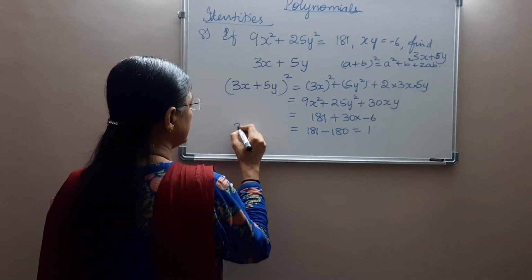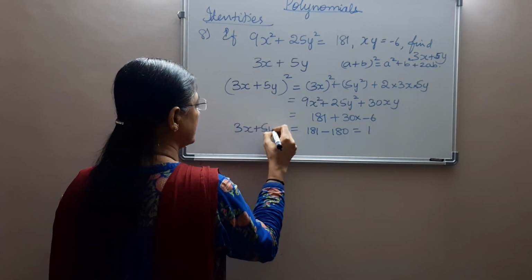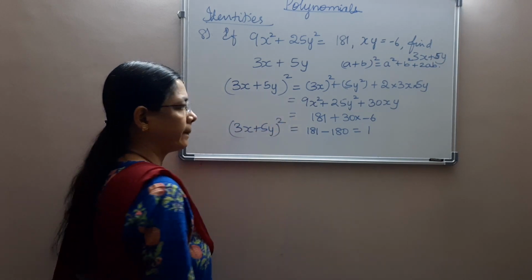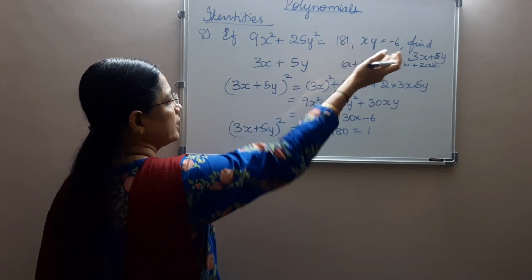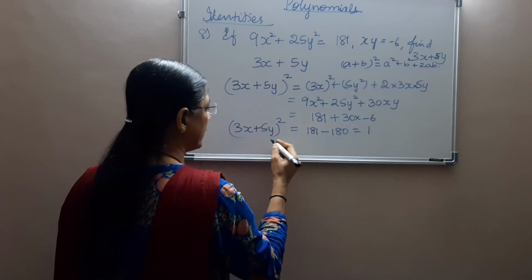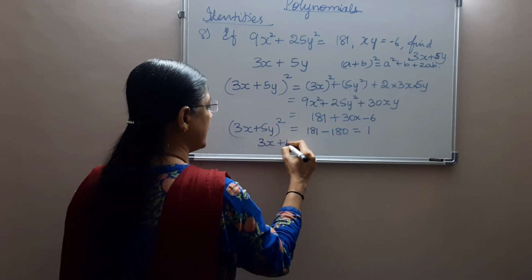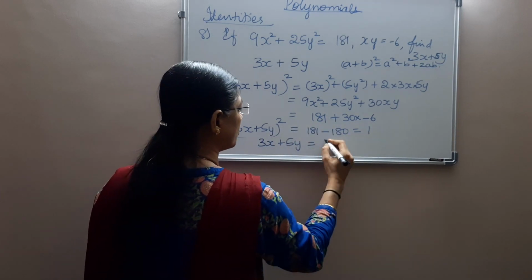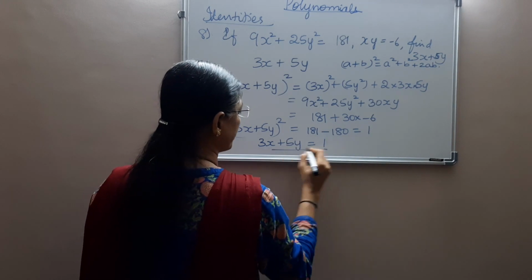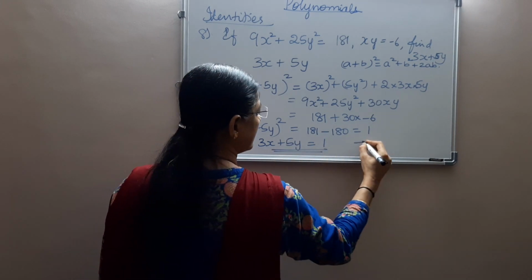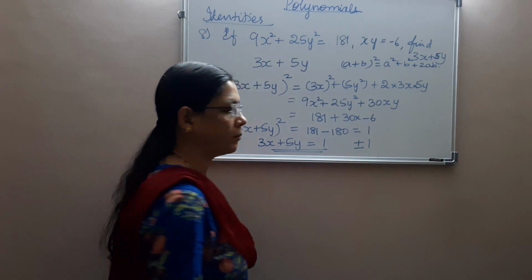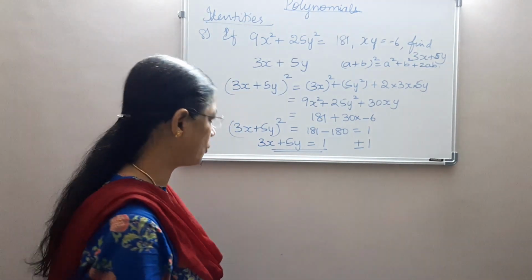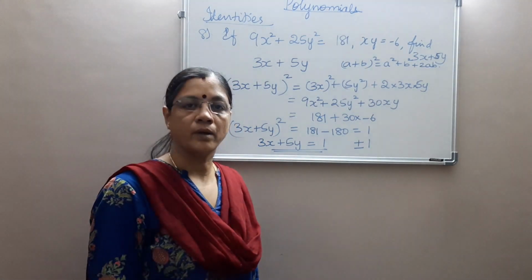So now this is 3x plus 5y the whole square, isn't it? Now what is 3x plus 5y? That is what is asked for you. So take square root on both sides. We have 3x plus 5y is equal to root 1 is plus 1. I can write this as either plus or minus 1, because minus 1 squared is also 1 and plus 1 squared is also 1.